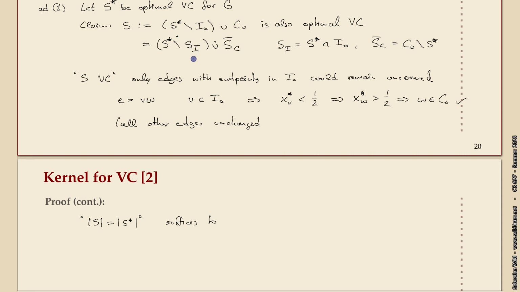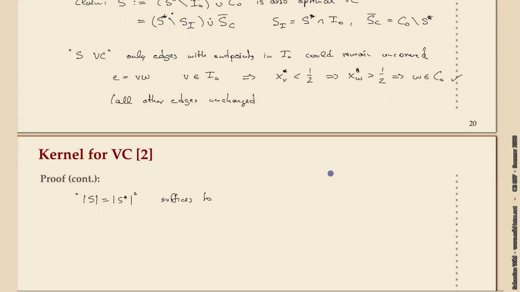There's nothing in this set Si that is not in S star. You're taking the set difference where the set you subtract is a subset. Okay, doesn't hurt to write it down. That was the idea of the construction. I guess I said it maybe verbally, but Si is a subset of S star, whereas the SC bar is disjoint from S star.